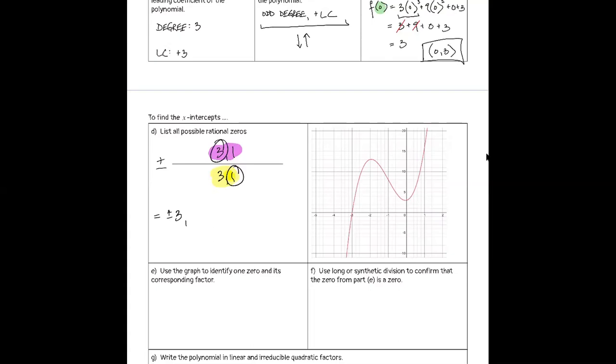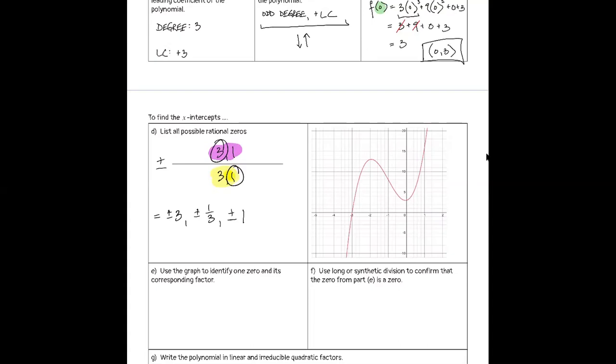1/3, yeah, because there's a purple 1 on the top and a yellow 3 on the bottom. Okay. What's another number that we should try or could try? Yeah, because we could take the 1 on the top and the 1 on the bottom, or we could take the 3 on the top and the 3 on the bottom, okay?